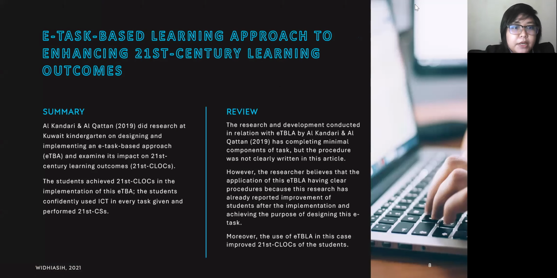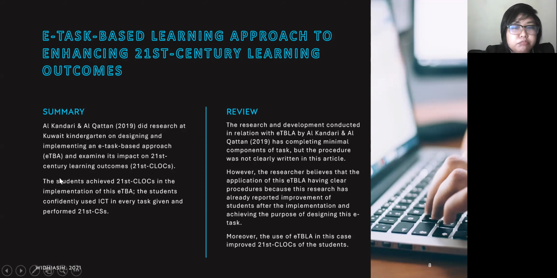Okay, this research is by Al-Kandari and Al-Khatan, 2019. This research was conducted in a kindergarten on designing and implementing an e-task-based approach, or later on we call it ETBA, and examining its impact on 21st century learning outcomes.